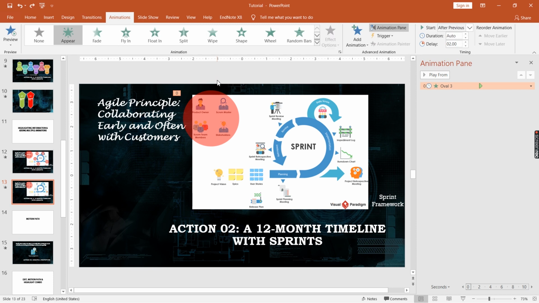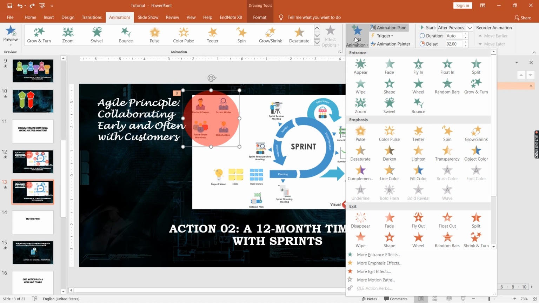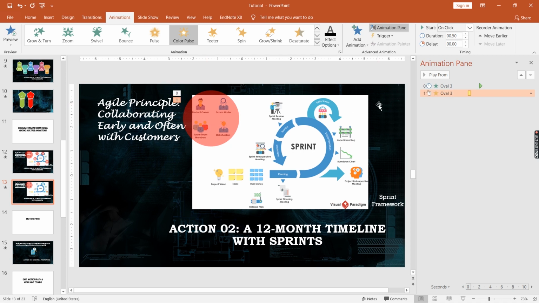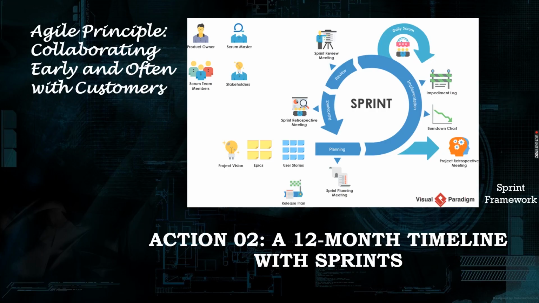I still have the appear animation on there, and instead of just adding an animation here, which you can't, you press on add animation and then go under here to color pulse. So it's on mouse click, but I'll put it after previous, so after it appears. So now if I go here, it comes up and then it pulsed, but it was a black pulse.